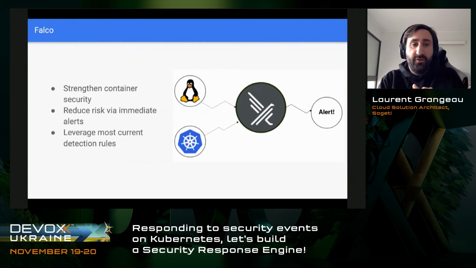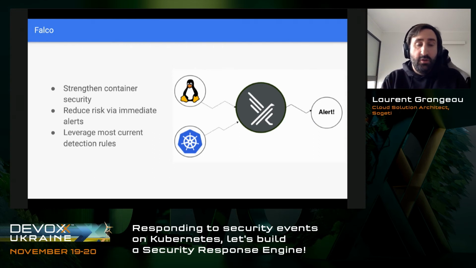So here enters Falco. Falco strengthens container security by running a module on the kernel and intercepting syscalls. It reduces risk via immediate alerts. So it generates alerts, and these alerts can be sent to any system, like Elasticsearch, Loki, or a serverless engine, and we will do that in a moment.